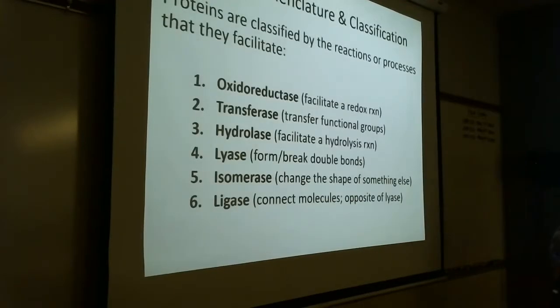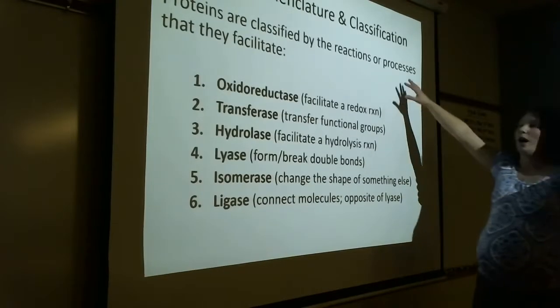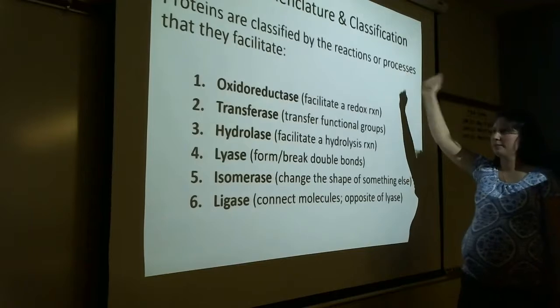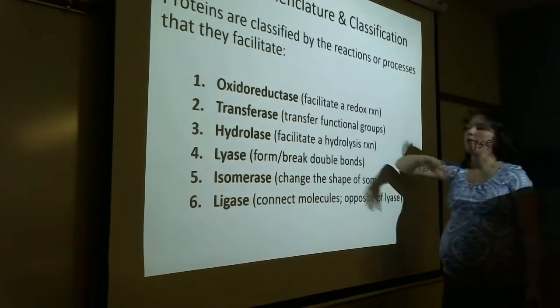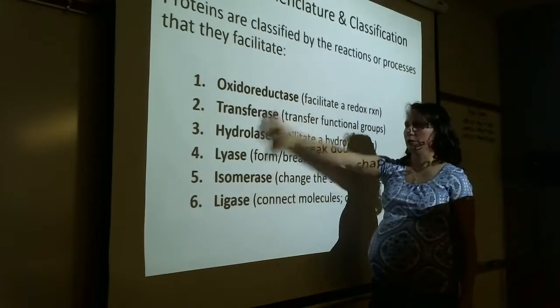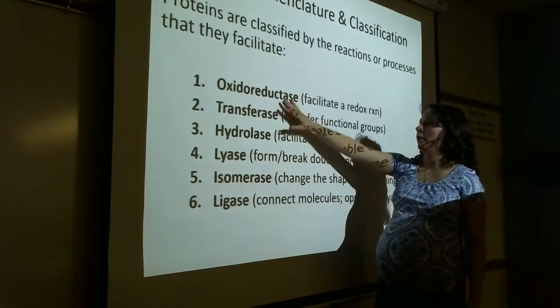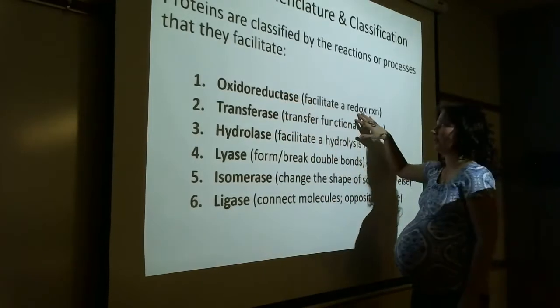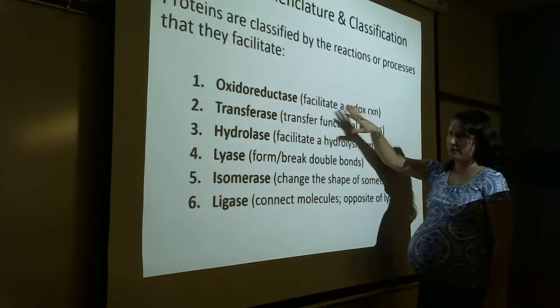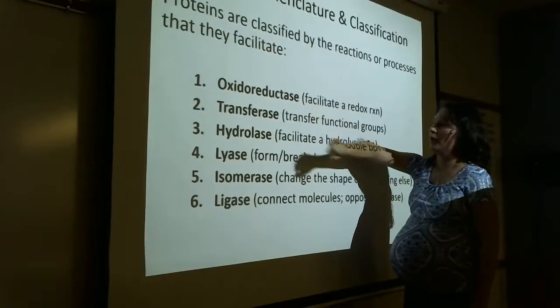All right, so let's talk about how we classify proteins. Proteins are classified by the job that they do. Makes sense. So if you look at a name, or family, I should say, right? All these guys are going to facilitate redox reactions, hence the name oxidoreductase.